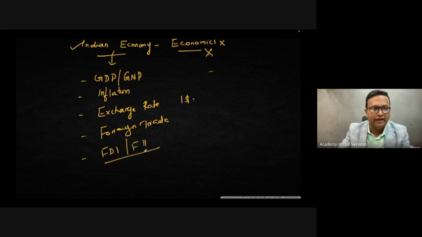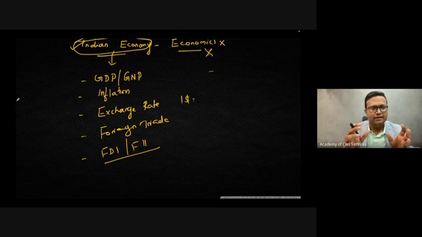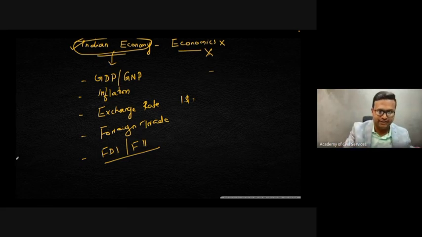What is FII, foreign institutional investment? I have given you a few examples of the chapters we need to learn in the subject Indian economy for the civil services examination. That is why Indian economy is never economics. We have to learn how practically the Indian economic system functions.